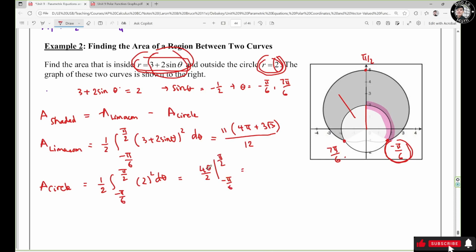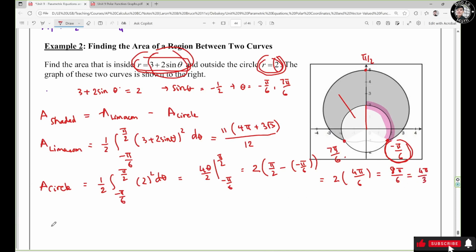So 4 theta over 2 could be 2 theta, so we have 2 times, substitute pi over 2 for theta, pi over 2 minus negative pi over 6. So I'm going to simplify this one. It's going to be 8 pi over 6 or 4 pi over 3.